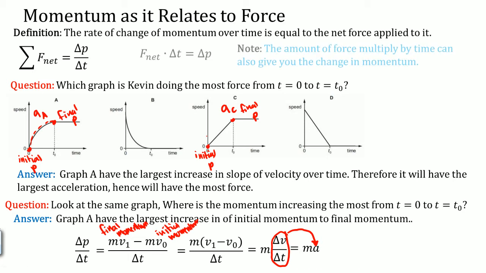So in short, the change in momentum can be defined by the force, F equals m a, times delta T. So the amount of force multiplied by time can also give you the change in momentum. That's how these two are related.